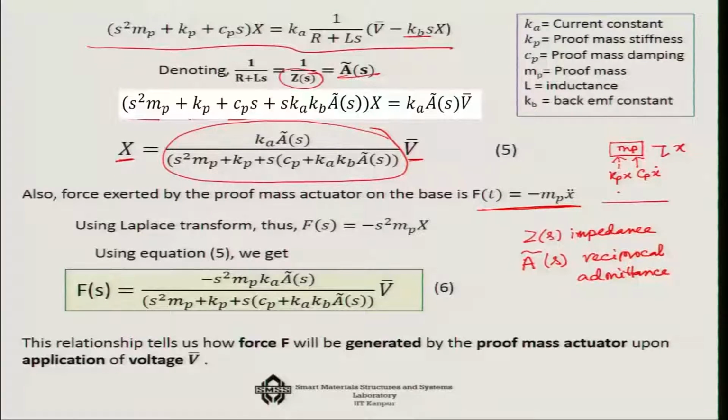On the support also, it is the same thing that is going to work into the system, the combination of Kp x plus Cp x dot, just in the reverse direction.